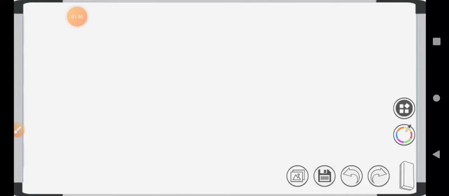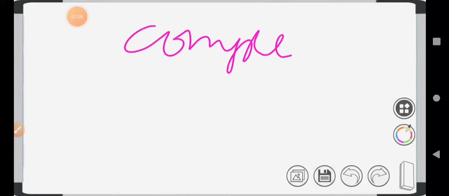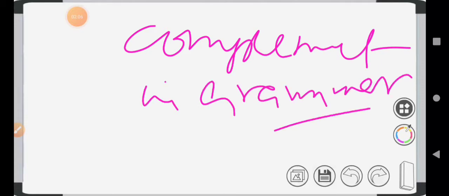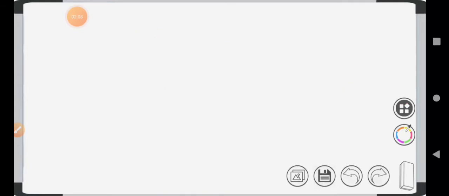Before going to teach complement in English grammar, as basic knowledge, we should know what the main parts of the sentence are. Parts means elements of the sentence.